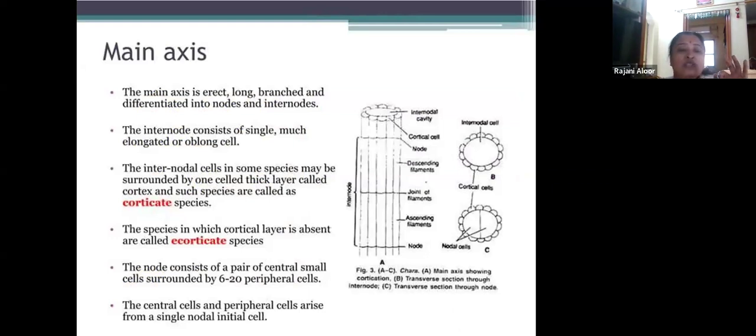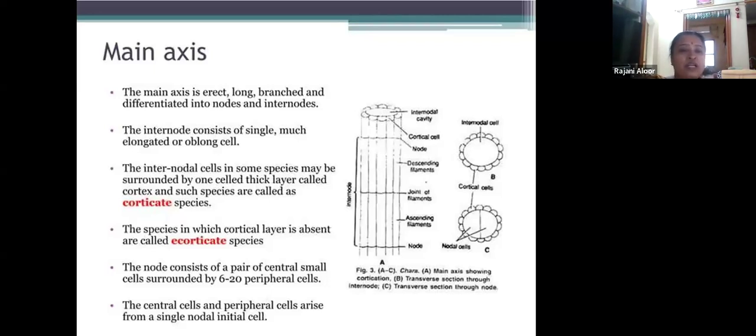The internode cells in some species may be surrounded by one cell thick, and in some species by many layered thick cortical cells. This is corticated, with T-shaped cells present in the internodal cells. In some Chara species the cortical layer is absent, and these are ecorticate species.